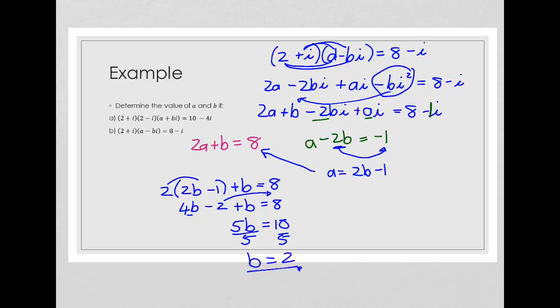Now I can plug this into any one of the two equations. I'm just going to put it into the second equation. And from that, a minus 2 times 2 equal to negative 1. So from that, a is equal to 3.